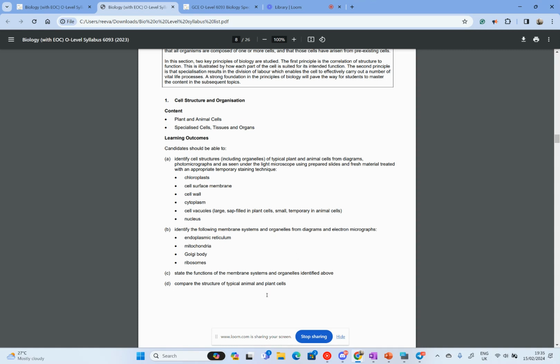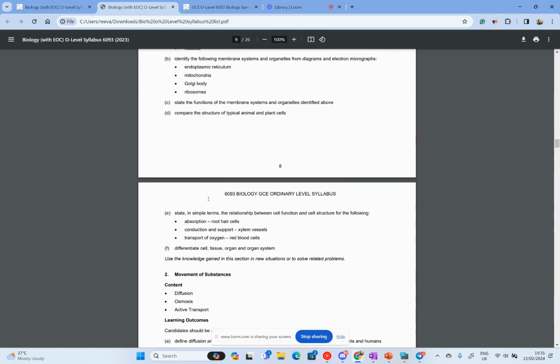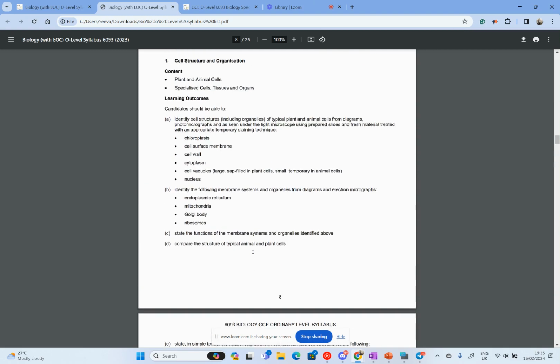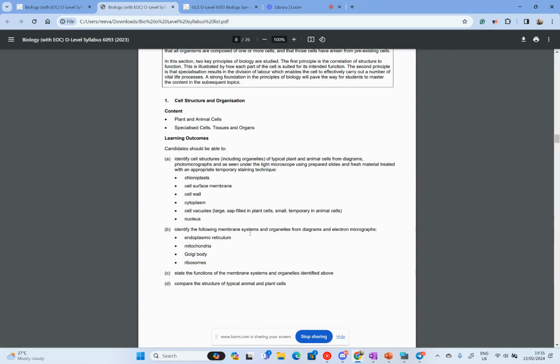So if, let's say, it says compare the structure of typical animal and plant cells, you need to be able to compare the structure of typical animal and plant cells. Or if they say differentiate cell, tissue, organ, systems, you need to be able to differentiate between these things. But don't worry too much about this as of now. I'll be making videos on each and everything, topic by topic, for my subsequent videos. You can watch and refer to those as well.